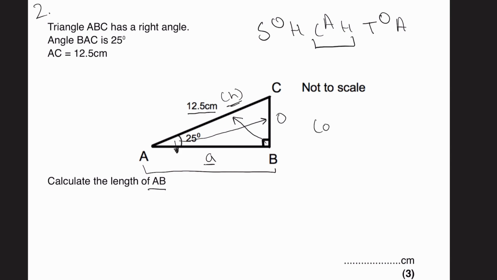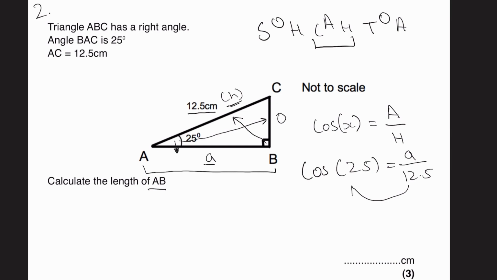So cos x equals A over H. Now we're going to substitute the numbers in. Cos 25 equals A, which is what we're trying to work out, over 12.5. And now we rearrange the equation.